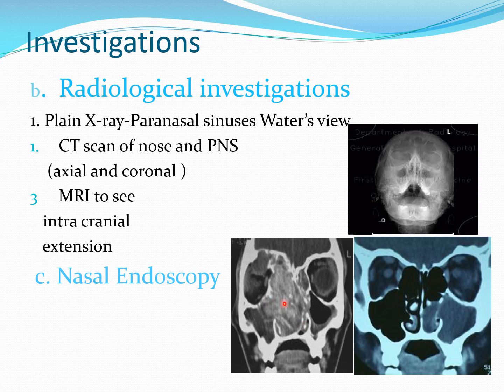Radiological investigations: you will advise plain X-ray, that is Waters view, occipitomental view. You can see ethmoidal sinus, maxillary sinus, sphenoid sinus, and frontal sinus. There will be haziness of the ethmoid sinus, and all sinuses will be hazy due to bilateral allergic reactions.